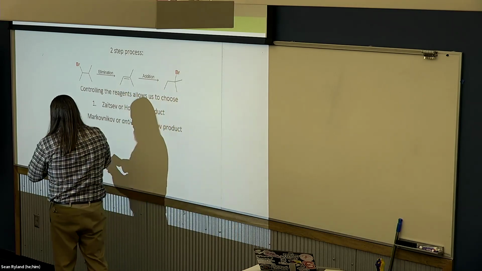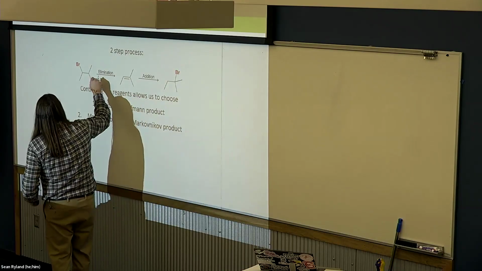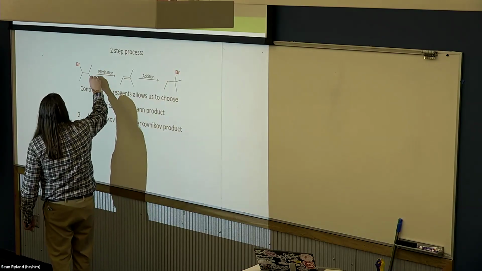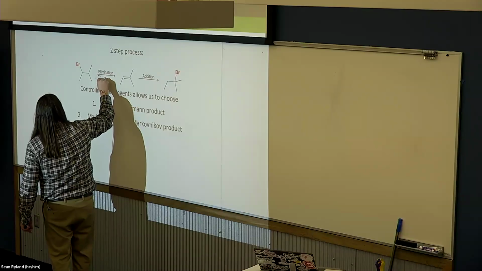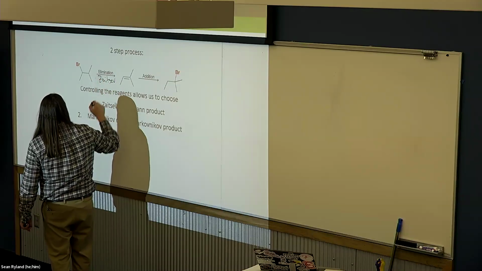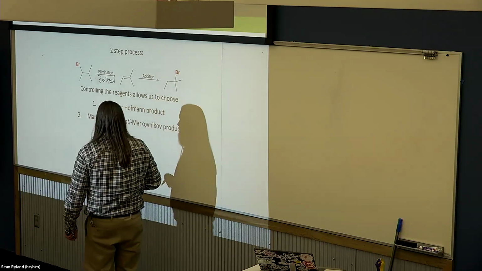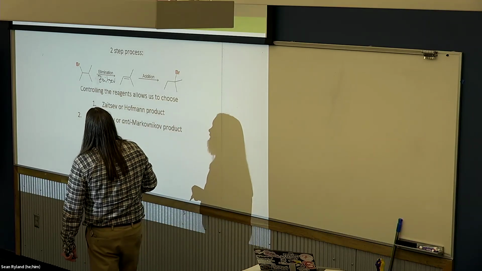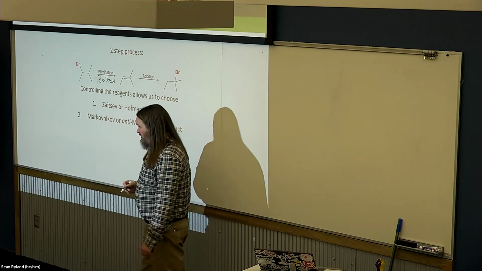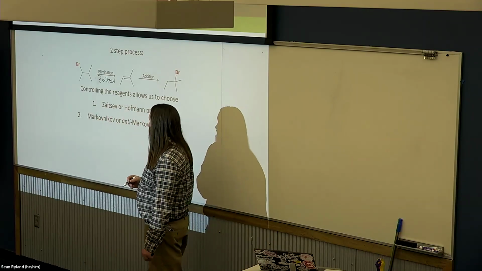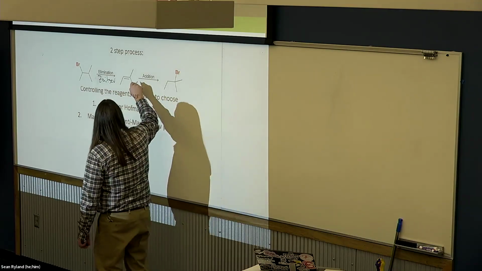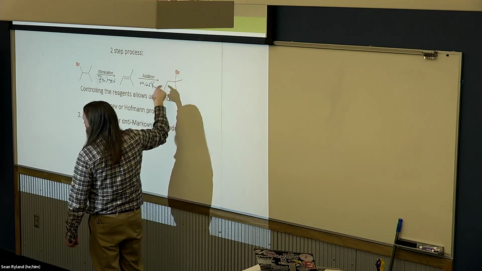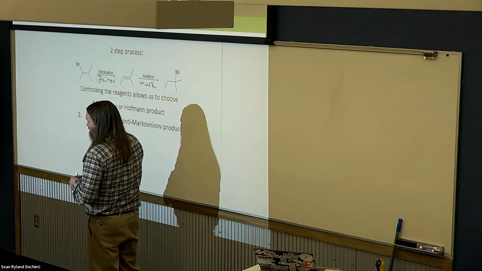This elimination, we want it to be the Zaitsev, which means we're going to make the more substituted alkene. And then for our addition, we want it to be Markovnikov. So we want to put the bromine on the most substituted carbon.